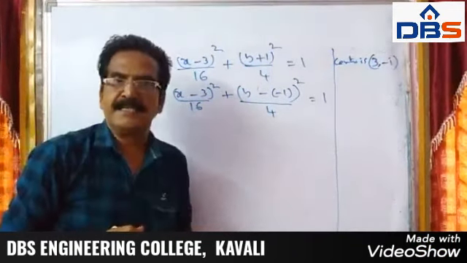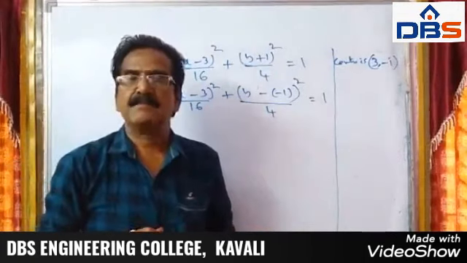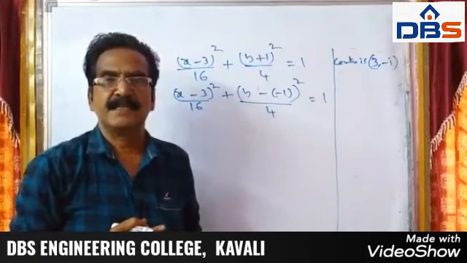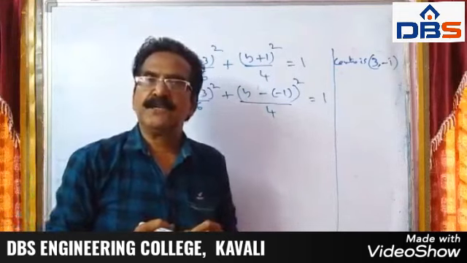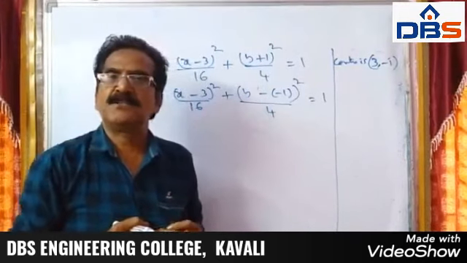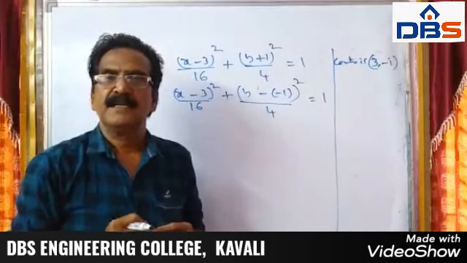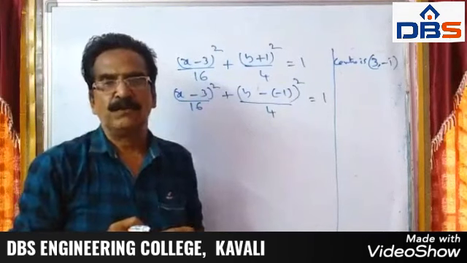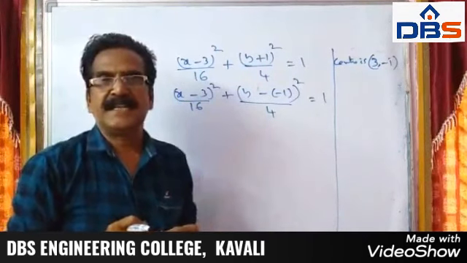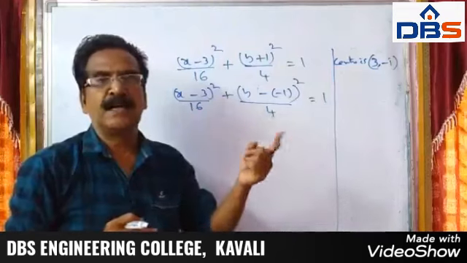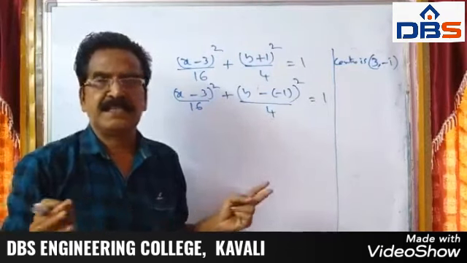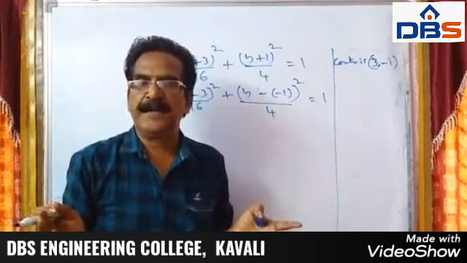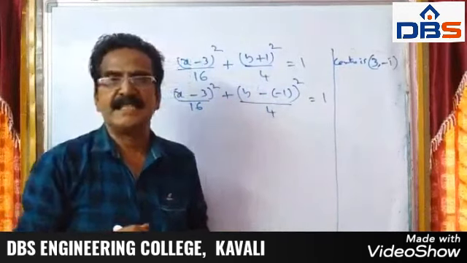And the second thing is vertices. For x square by a square plus y square by b square, the center is known. The vertices are minus a comma 0, a comma 0. Vertices are the endpoints of the major axis.